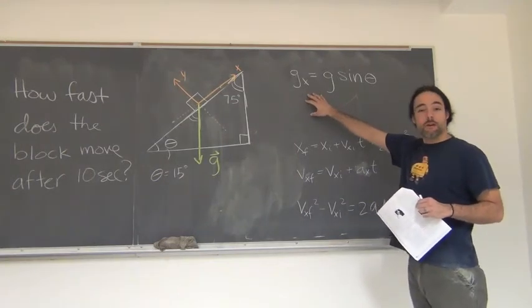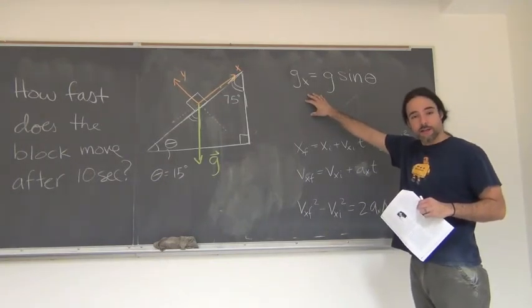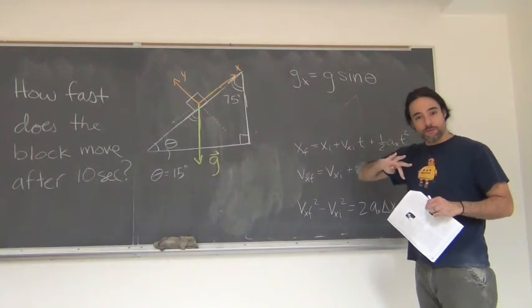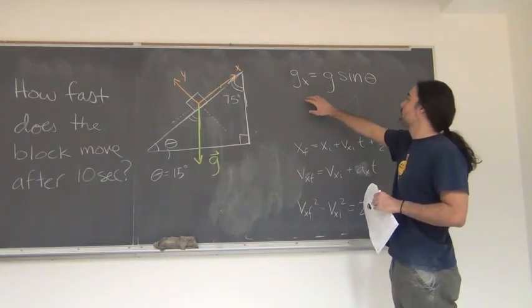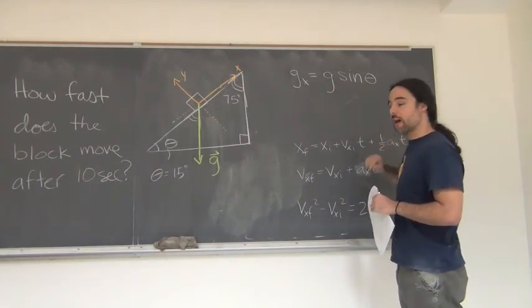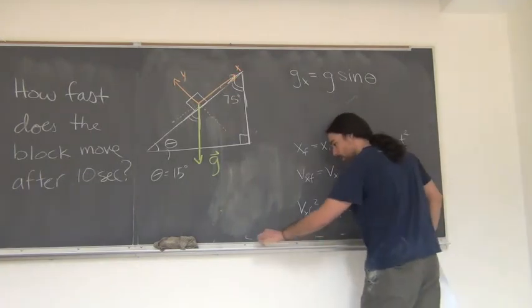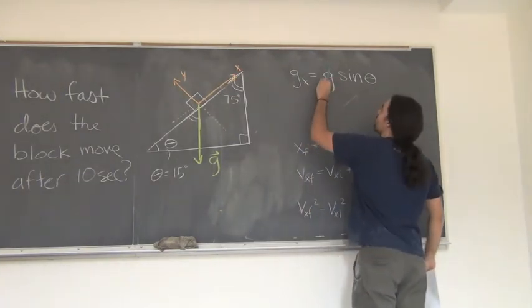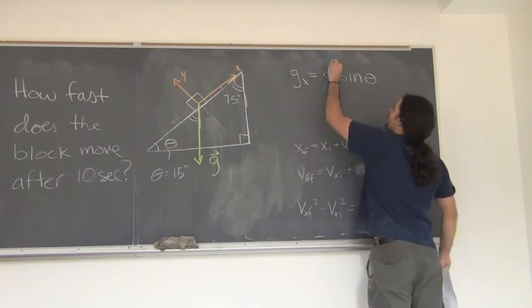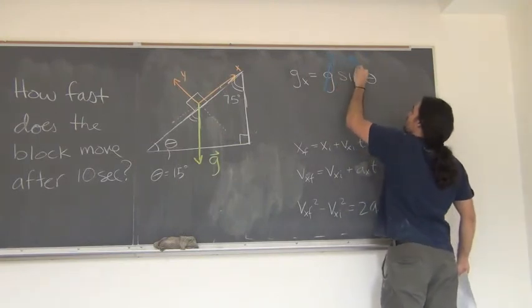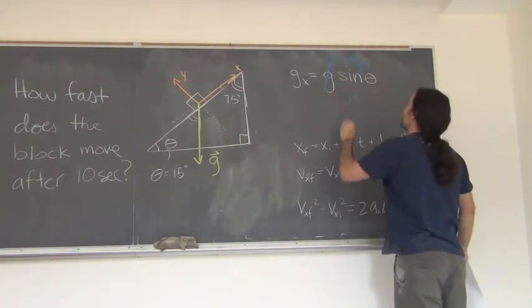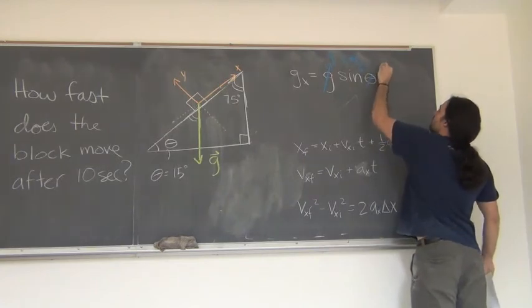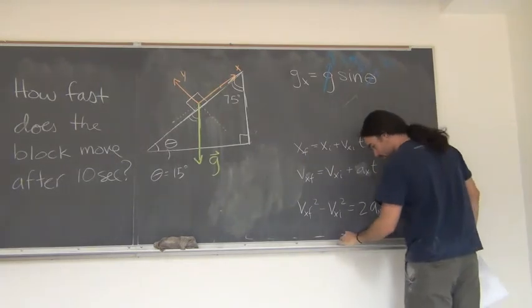let's actually figure out how fast we are accelerating in the x direction. Since we've solved for that before, we got that gx was g times the sine of theta. We know that g is 9.8 meters per second squared, and theta is 15 degrees.